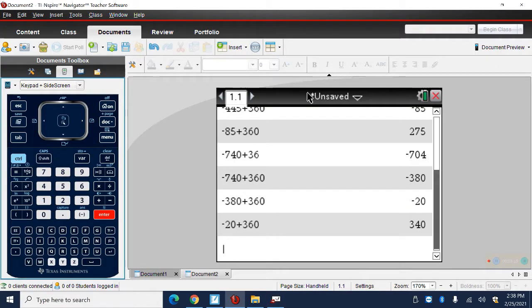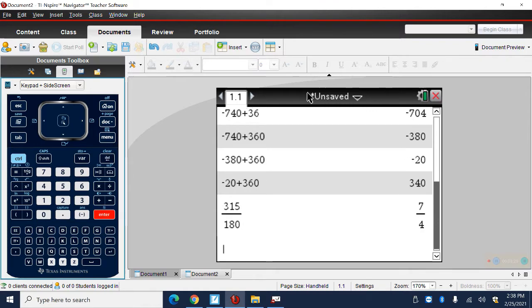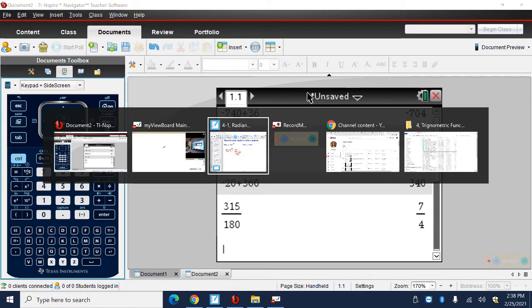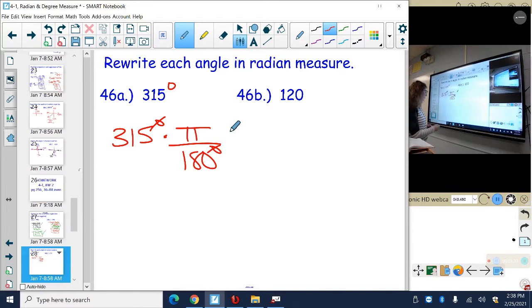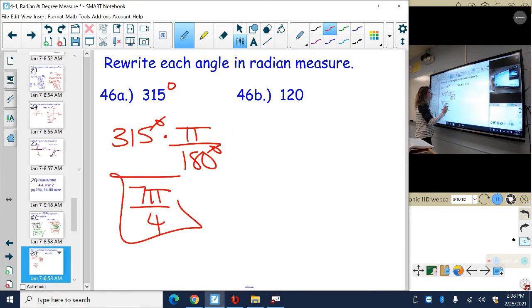So 315 divided by 180, do not put a decimal. It's going to give you 7/4. So this is 7 pi over 4. And all you're doing is simplifying this fraction right here.